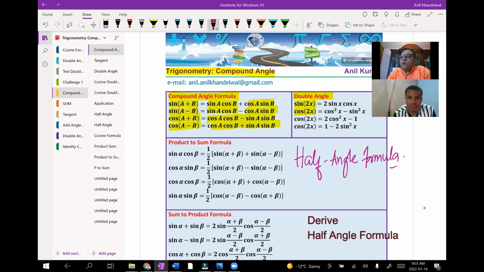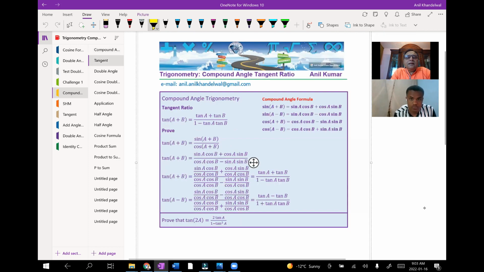Well, the tangent ratio also has these compound angle formulae. Here is the formula for the tangent ratio. Tan A plus B is tan A plus tan B divided by 1 minus tan A tan B. Well, you can derive this formula from the formulas we have already learned about sine A plus B and cos A plus B, correct?